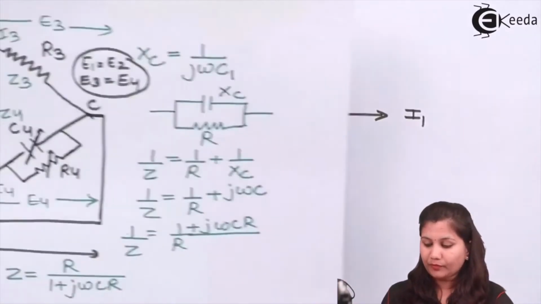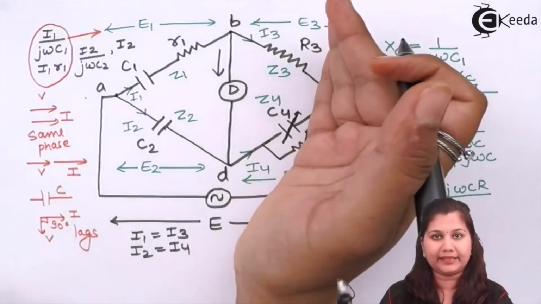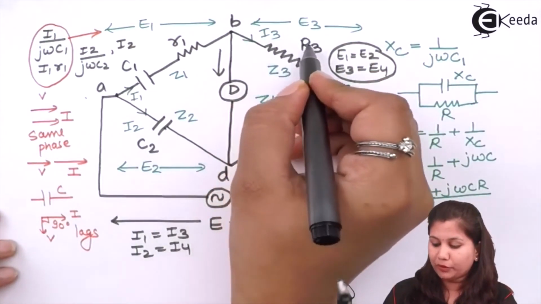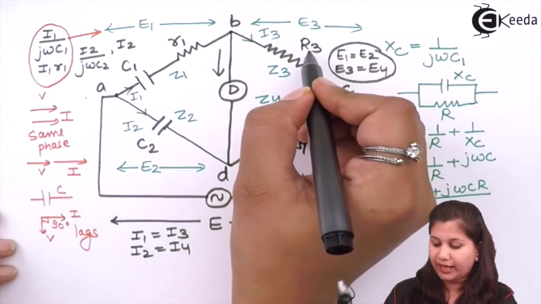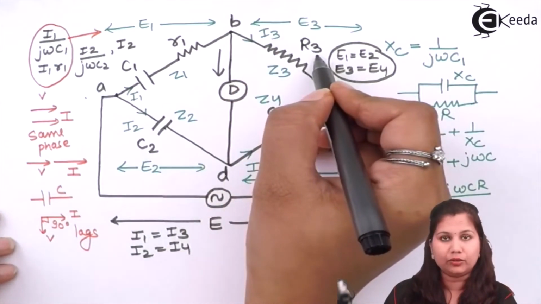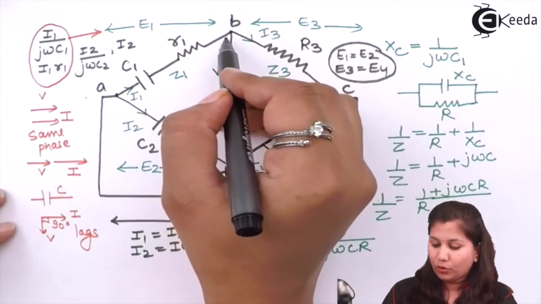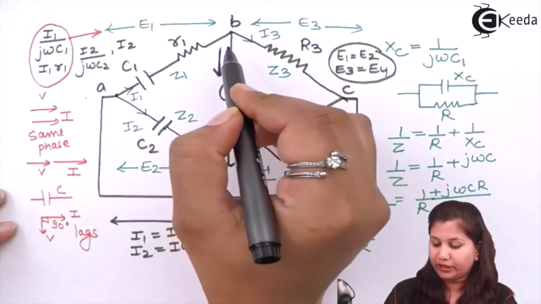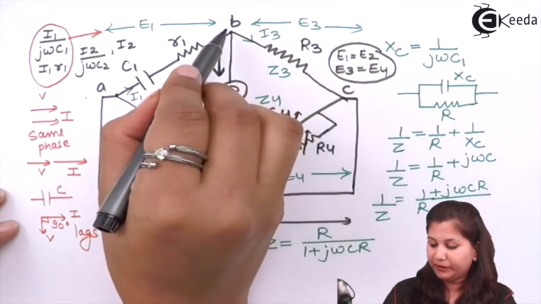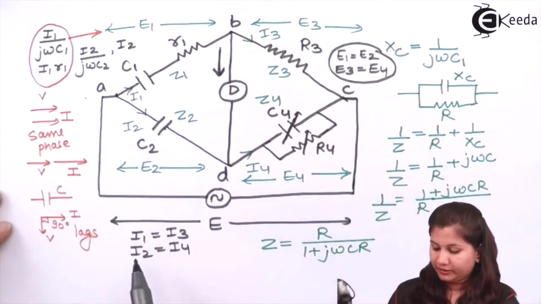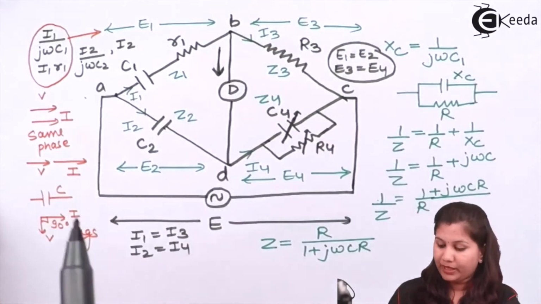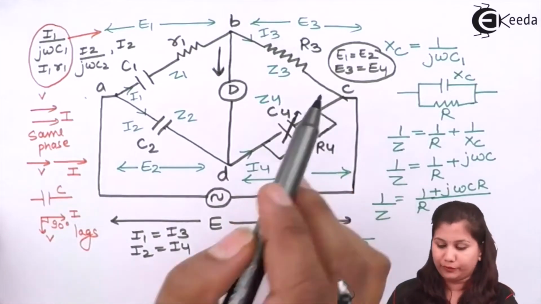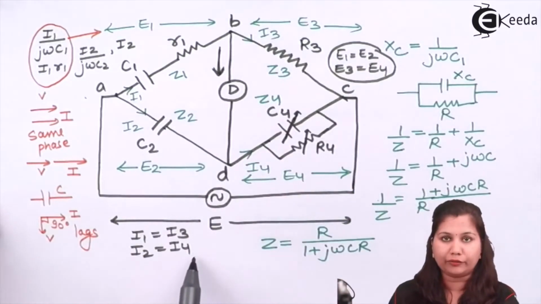Now let's come to the right hand side part. On the right hand side we have the voltage drop across this resistance R3 as I3 R3. But when no current is flowing through this detector arm, it means that this I1 current will be equal to the current I3, and also this I2 will be equal to I4.